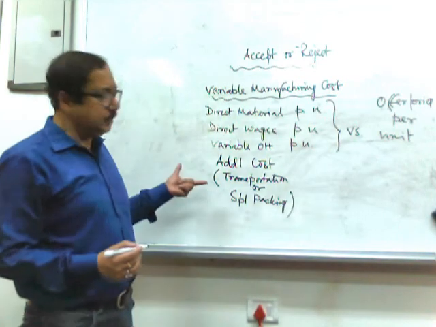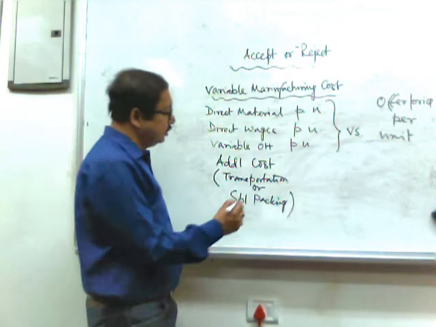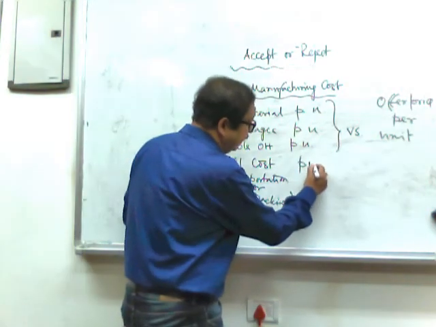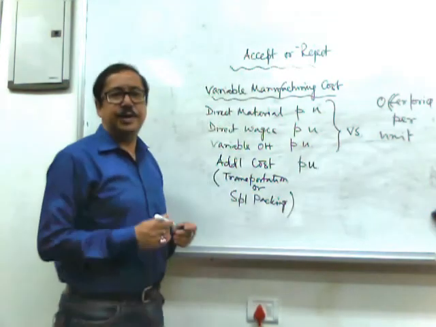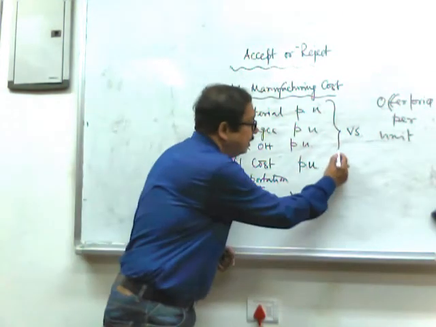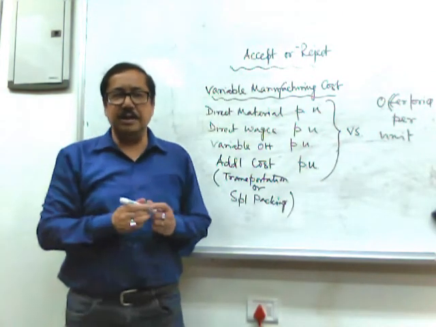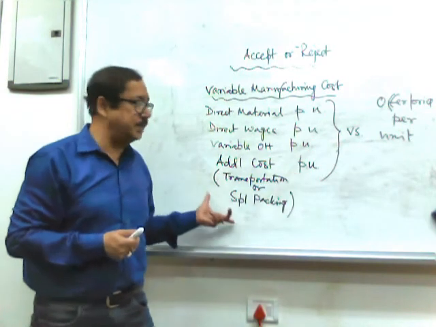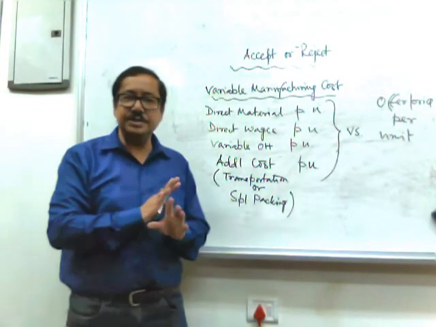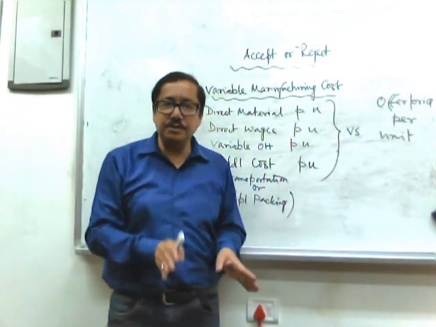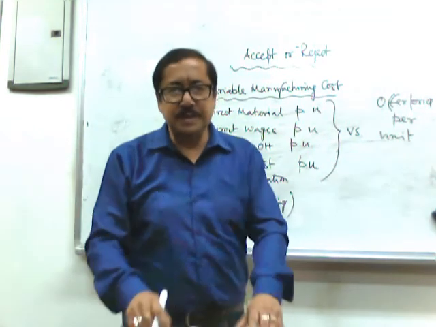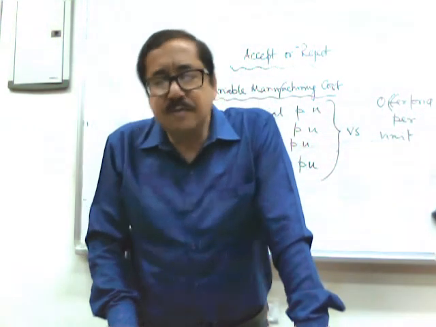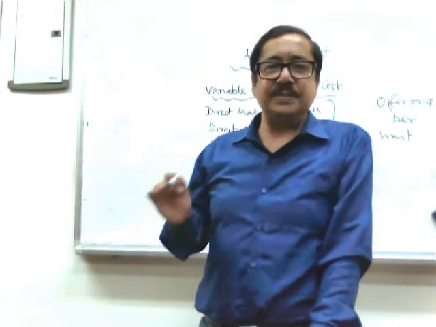So there is the additional cost per unit that also needs to be added here. If there is any additional cost, that also needs to be added. This additional cost, special packing or transportation, is not required when we are selling in the present domestic market, but it will be required when we accept this offer.